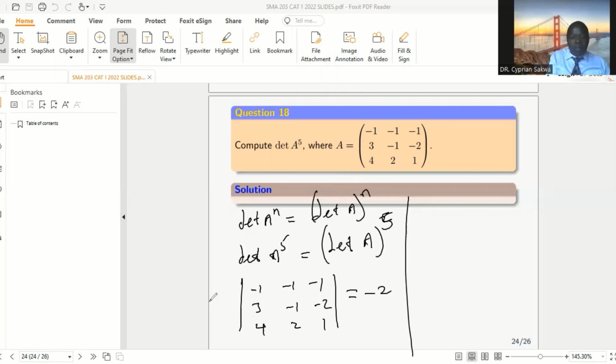So this is the determinant of A. This is that A. So what about A raised to 5? This is the same as negative 2 raised to 5, which is negative 32. So at your own time, try and do it slowly. Once you know this, it becomes very easy.